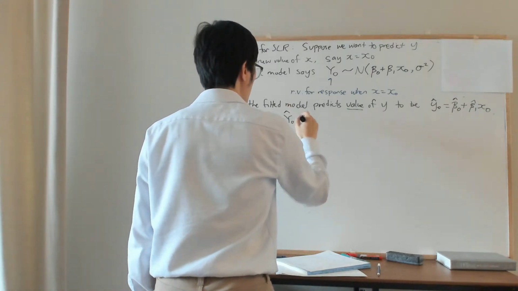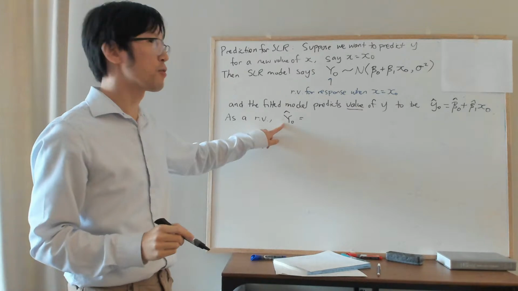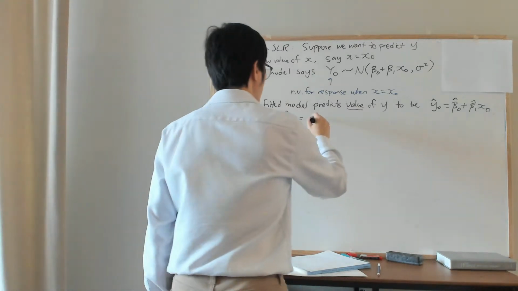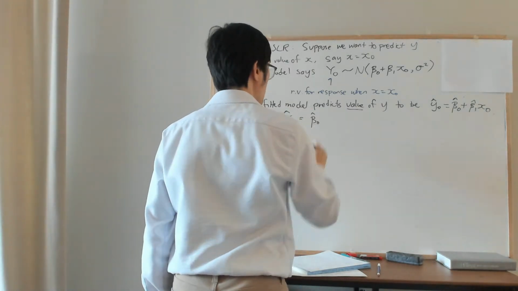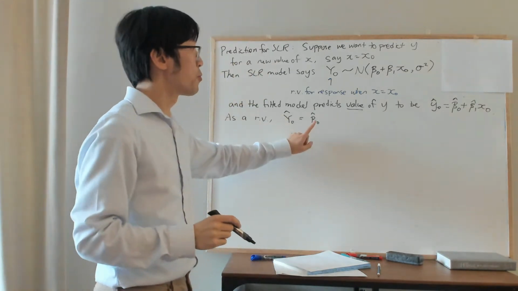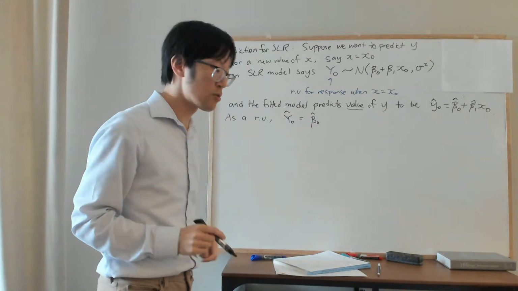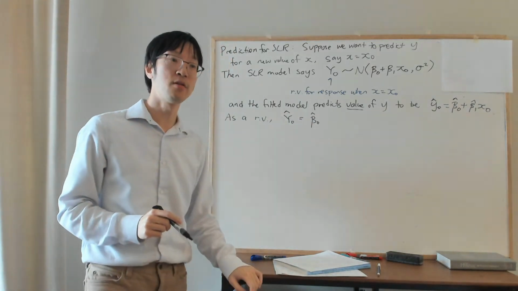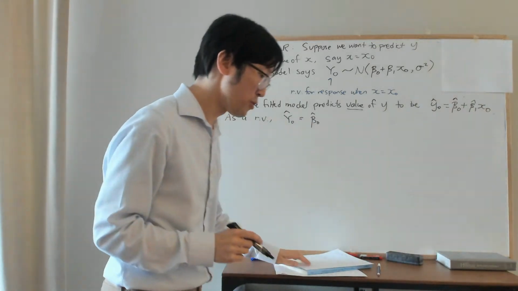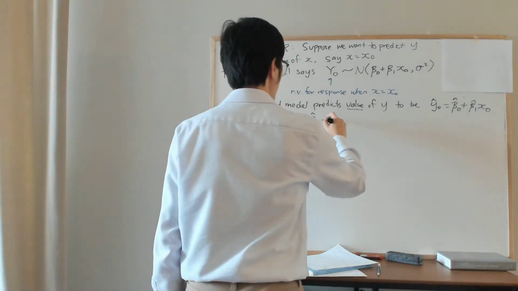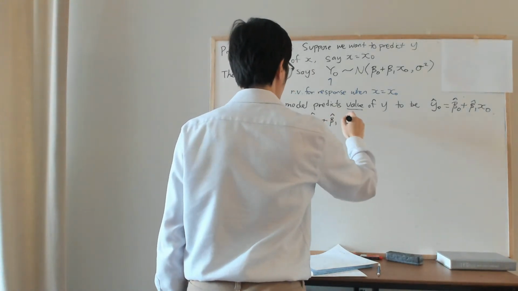So we're going to look at this predicted value in terms of the random variables. What's random here? Well, remember we can look at these two parameters, the betas, as random variables, and last time we showed that they have normal distributions. So we can write it like this.